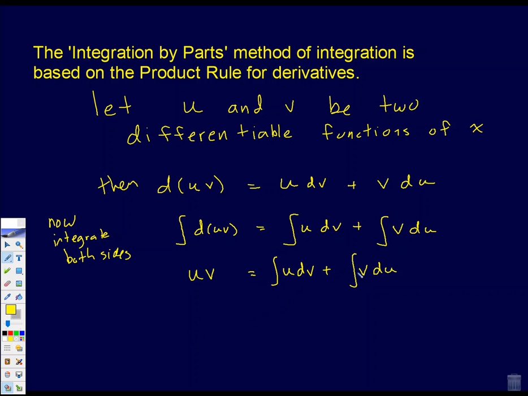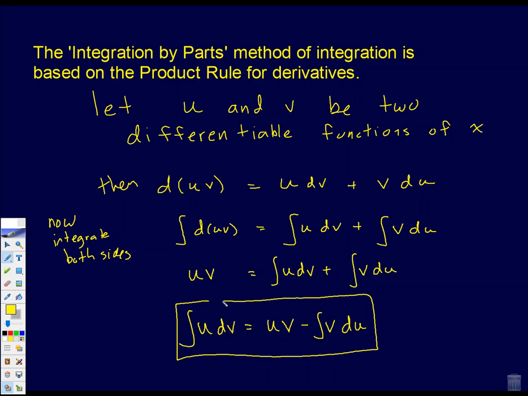So think about subtracting the integral of v du to the other side, and I'm going to write the middle integral by itself, and then rearrange the other side like this. And this is what I'm going to highlight.